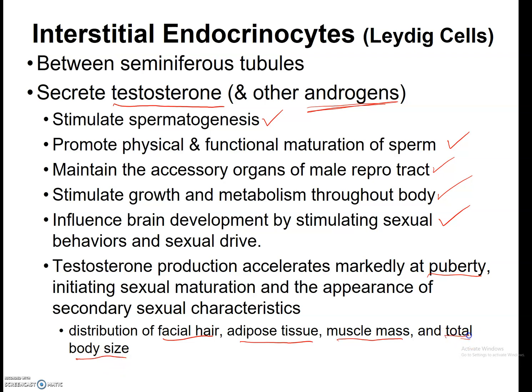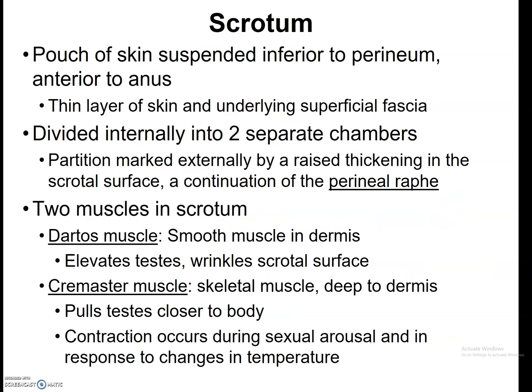So testosterone does increase total body size in developing males by increasing the turnover of mitosis in the growth plates in the bones. That happens to some degree in females. There are other things that happen in females, though, that we'll go over later.